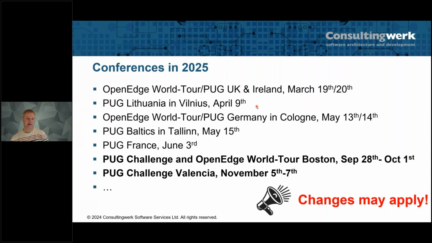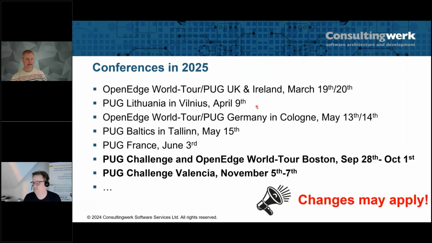But a couple of pugs in Europe in the spring and leading into the summer: Lithuania, Germany, the Baltics in Tallinn, and France. In the big global ones, Pug Challenge is in Boston in Westwood this year again, towards the end of September, before the Pug Challenge in Valencia, which is in the first week in November. Obviously, there may be more coming. Things seem to change rather quickly in this regard.